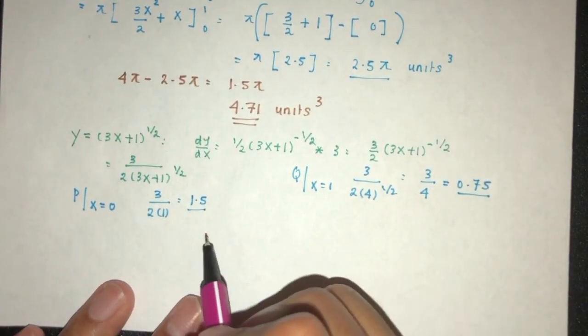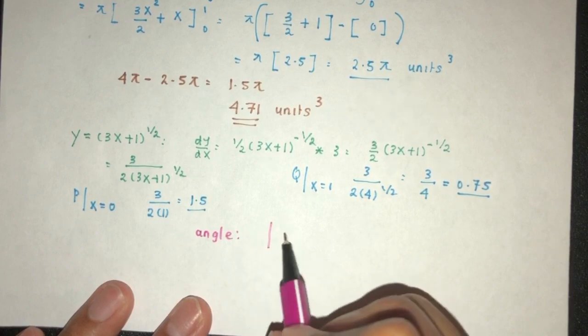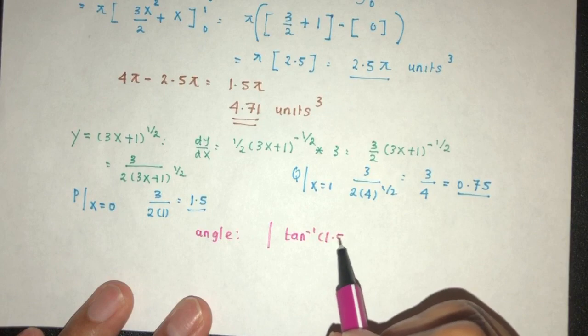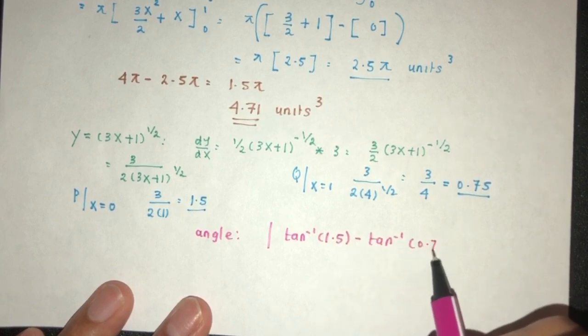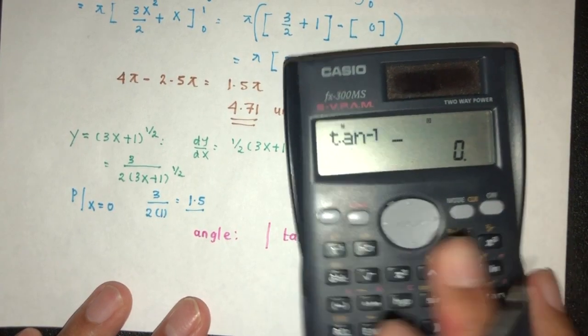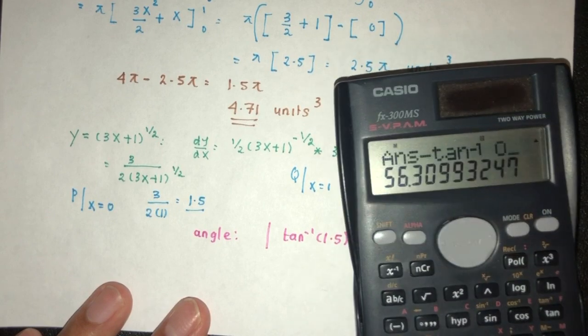So again, the angle at first will be what? Modulus of tan inverse of one of them, let's say 1.5, minus tan inverse of the other one, 0.75.